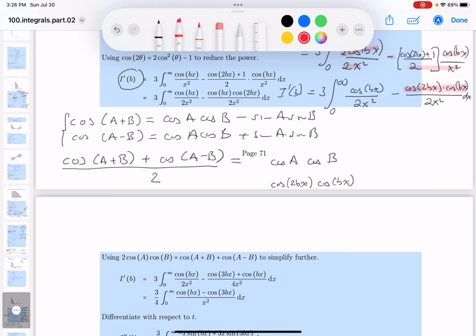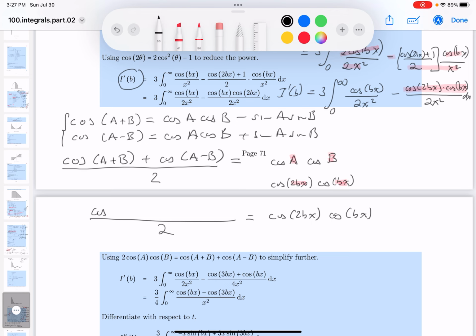Well, I'm going to say the a, just kind of looking at it, is this, and the b is this. All right, let's see what we get if we did that. You would get cosine 2bx, cosine bx. On this side over here, you definitely get a 2. That's not an issue.